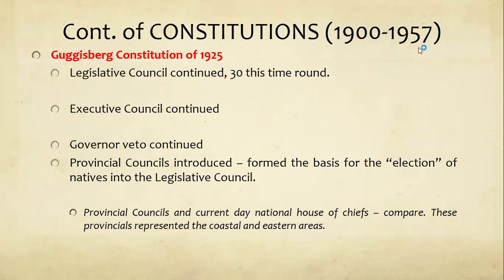Each of the three provinces had its own provincial council of chiefs, and the chiefs were supposed to use that forum to make inputs into governance, as it were. So at least this gives you a bird's eye view of the Guggisberg Constitution.